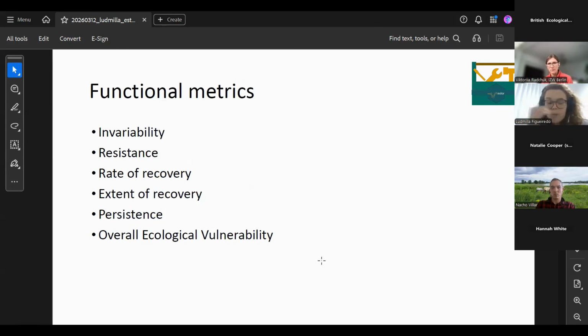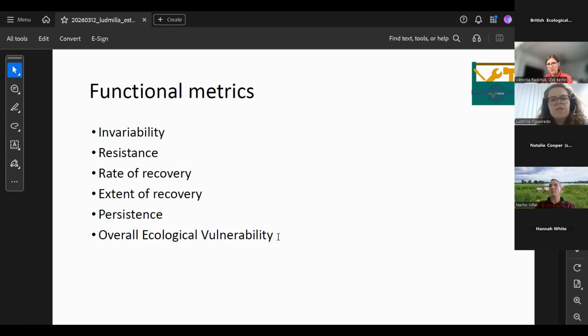So as I said, we have a toolbox, right? I'm going to present to you the contents of this toolbox in parts. And we start with the functional metrics. They are those six. The basic idea of what we refer to as functional metrics is that you need time series data to calculate them from.